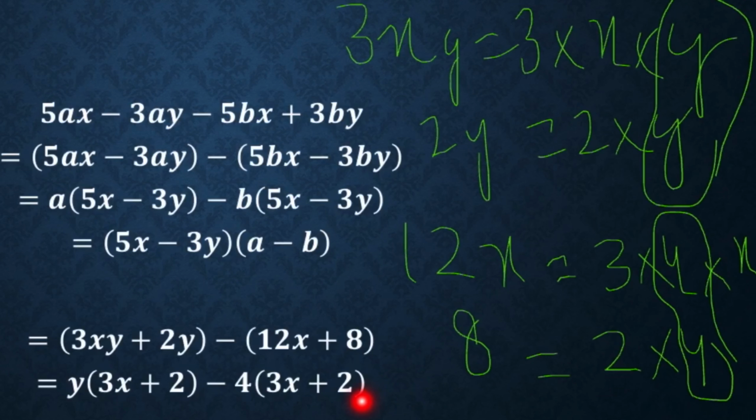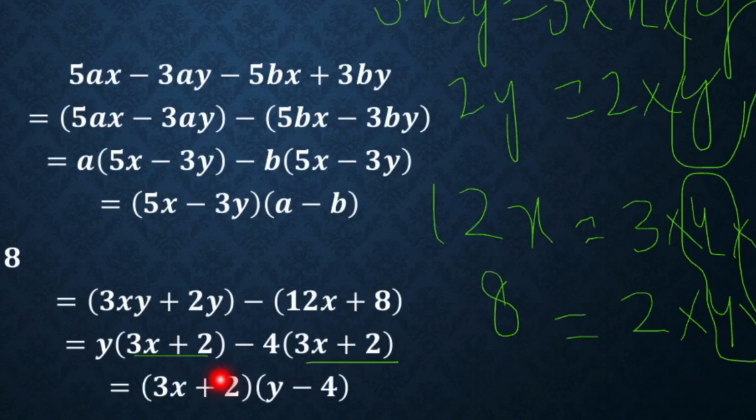Students, now you have to observe that 3x plus 2 and 3x plus 2, again we have a common factor. We will take this common factor as common. So taking common this 3x plus 2, we will be left with y minus 4.